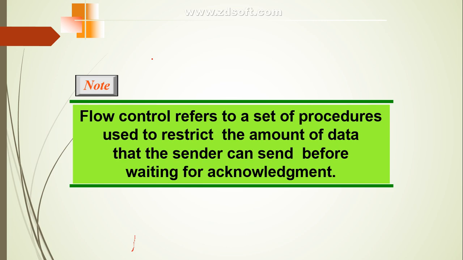So flow control is a procedure that makes a balance between the transmission rate and the reception rate, so that the data we have transmitted should not be lost, and all the data the receiver receives should be delivered to the upper layer.